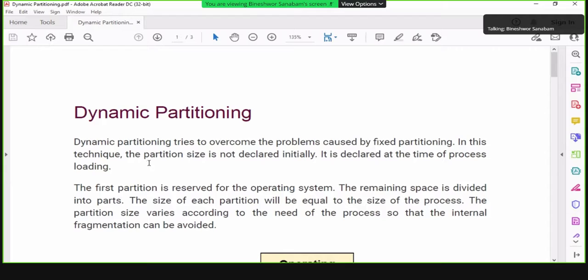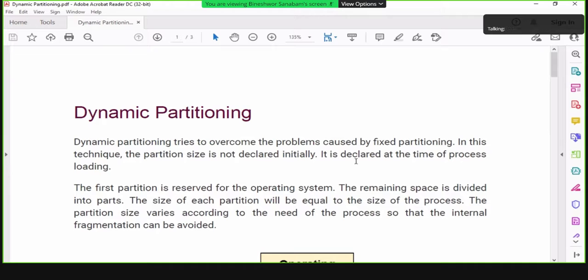The partition size is not declared initially. It is declared at the time of process loading. As usual, the first partition is reserved for the operating system. Then the remaining space is divided into parts.